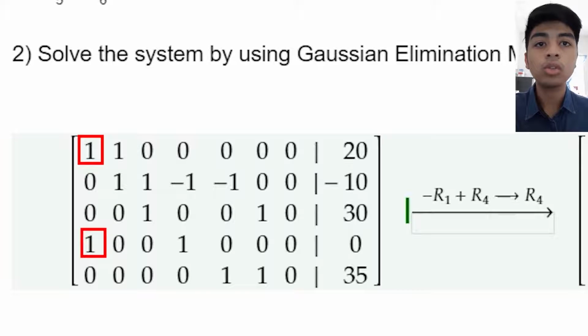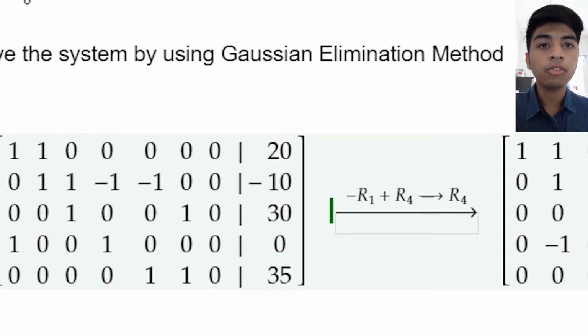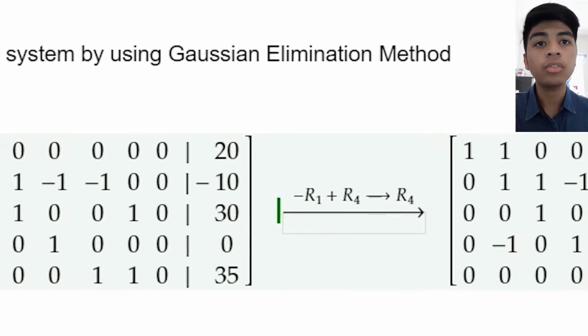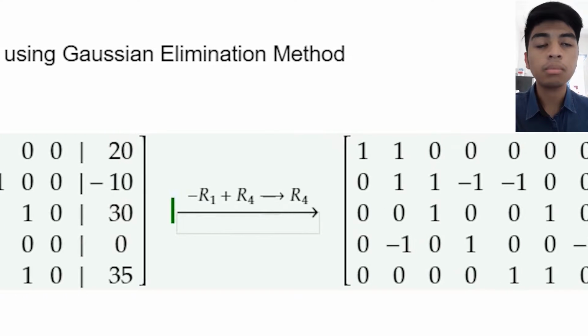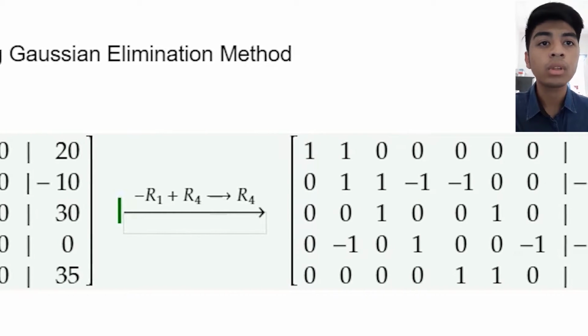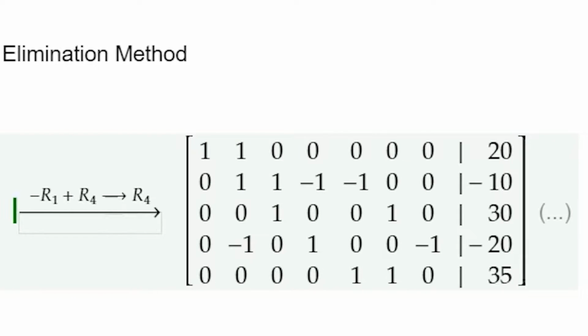So we need to do an elementary row operation on the matrix to make it 0. The formula is negative row 1 plus row 4 placed into row 4. From that operation, we get this matrix.